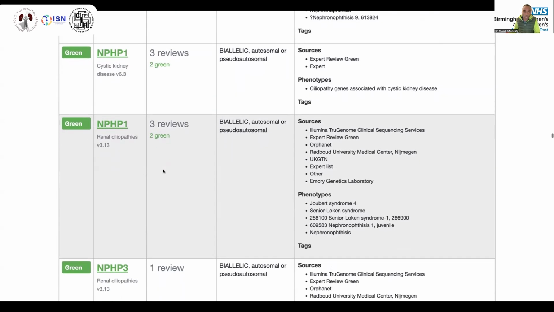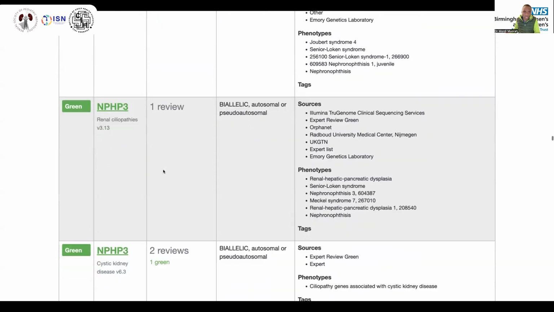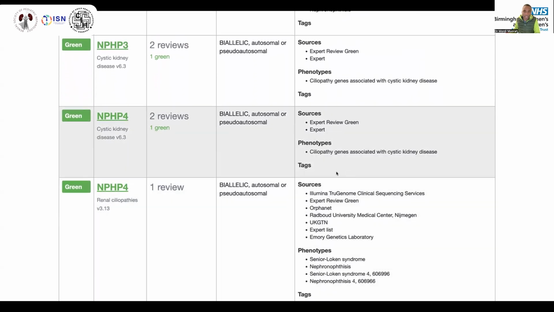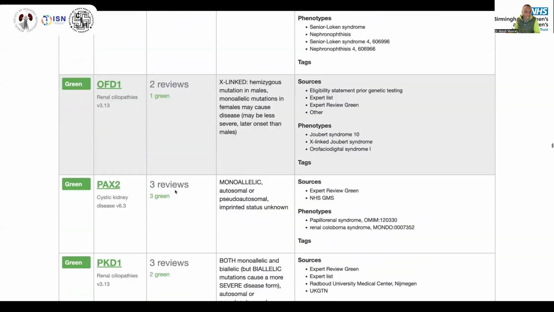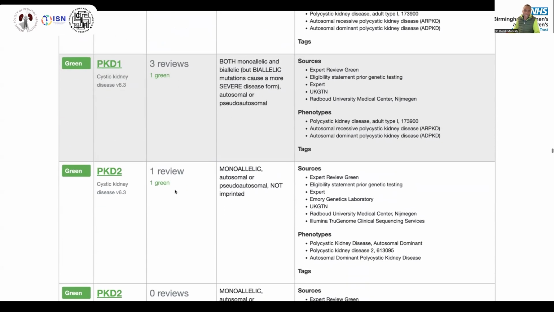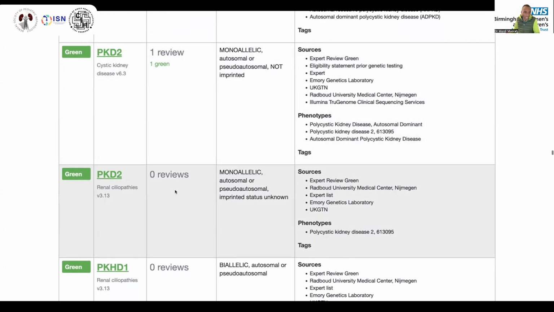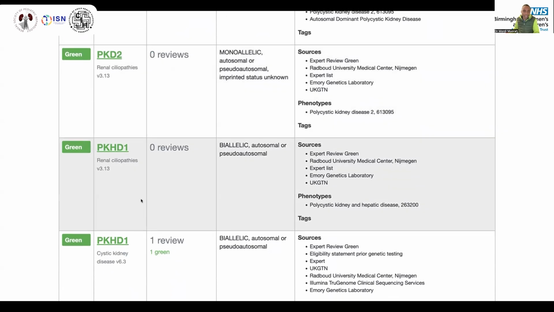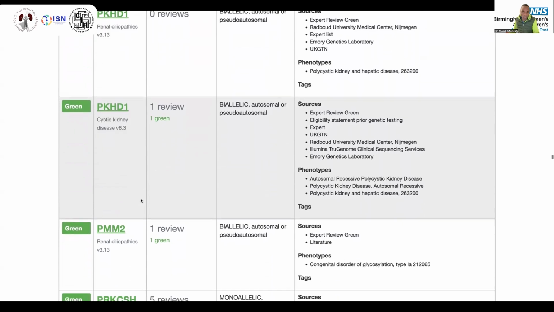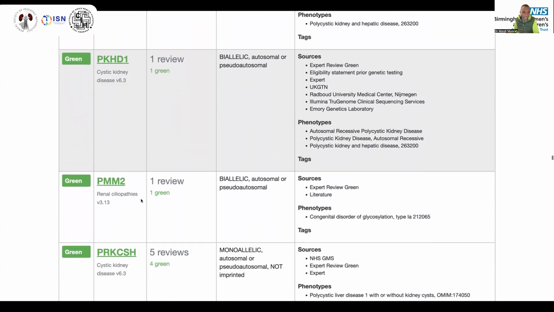And then the MPHP genes, which are associated with nephropathies, are once again listed here as the ciliopathies causing cystic kidney disease. And then the classic PKD1 and PKD2 genes, it goes without saying, as is the PKHD1, sorry, PKHD1, which codes for fibrocystin.